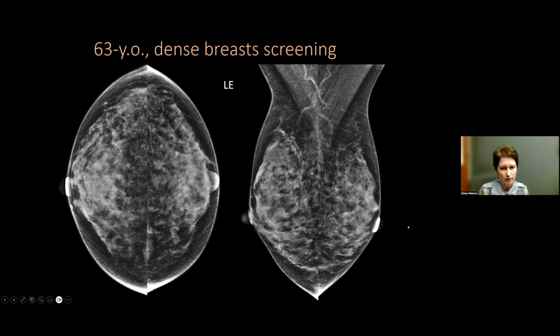So just remember that the quality control for CEM is very similar to your regular mammography in terms of positioning. It's still the same requirements for the posterior nipple line, for the nipples in profile, for the concave pectoralis muscle contours on MLO views. So those are the same requirements, because really contrast-enhanced mammography is still a mammography.